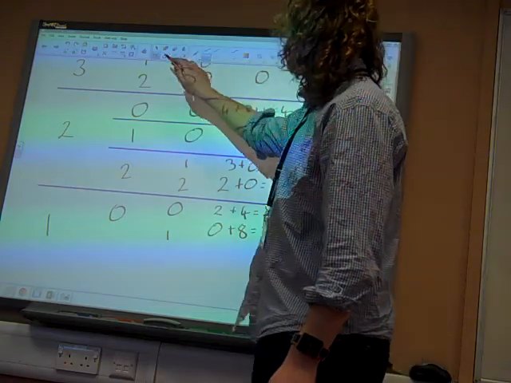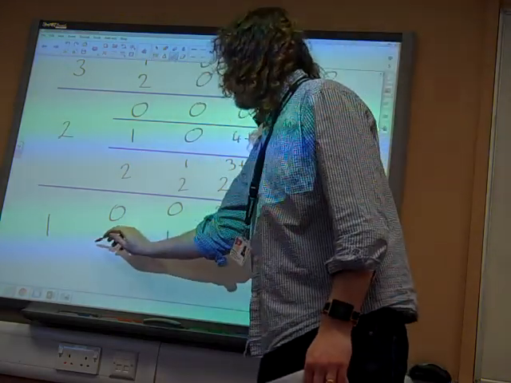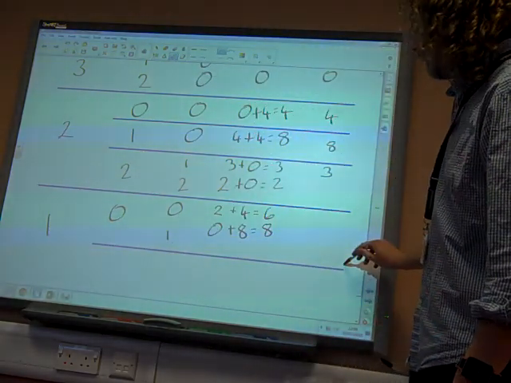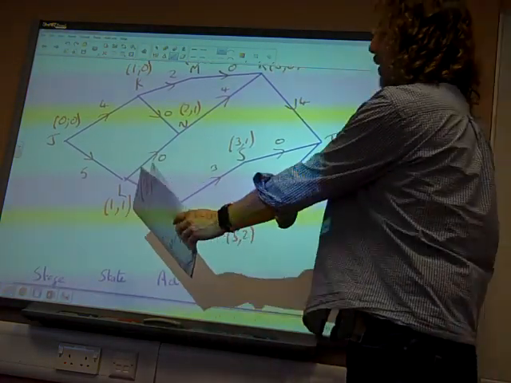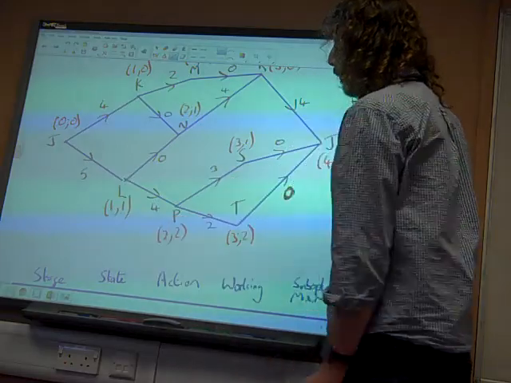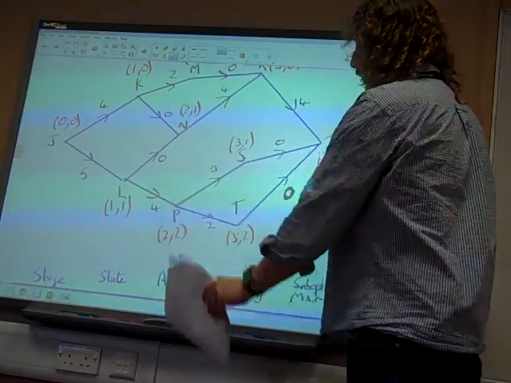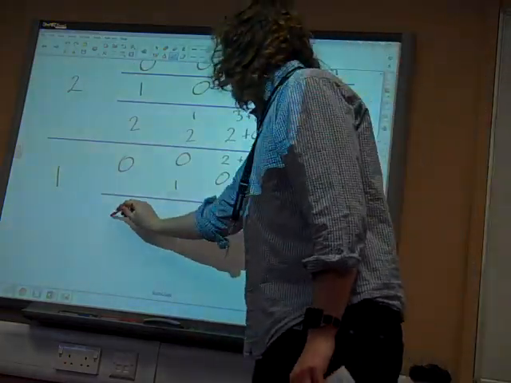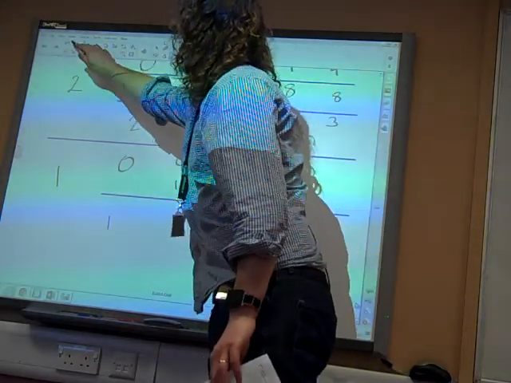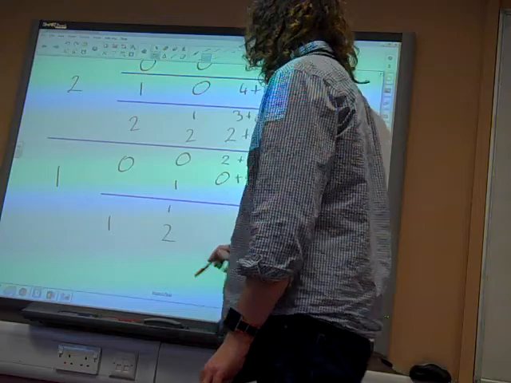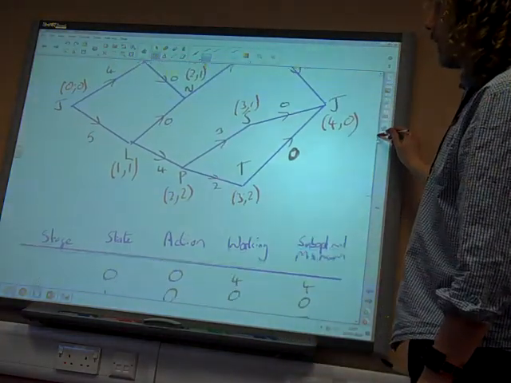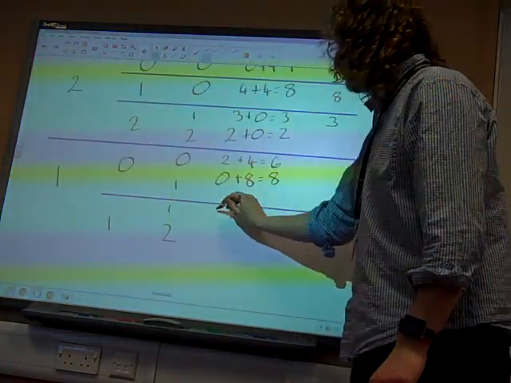And then we've got state 1, which has actions 1 and 2. So we've got 1 here with, I've done it again. 1 here with actions 1 and 2, which have values 0 and 4.